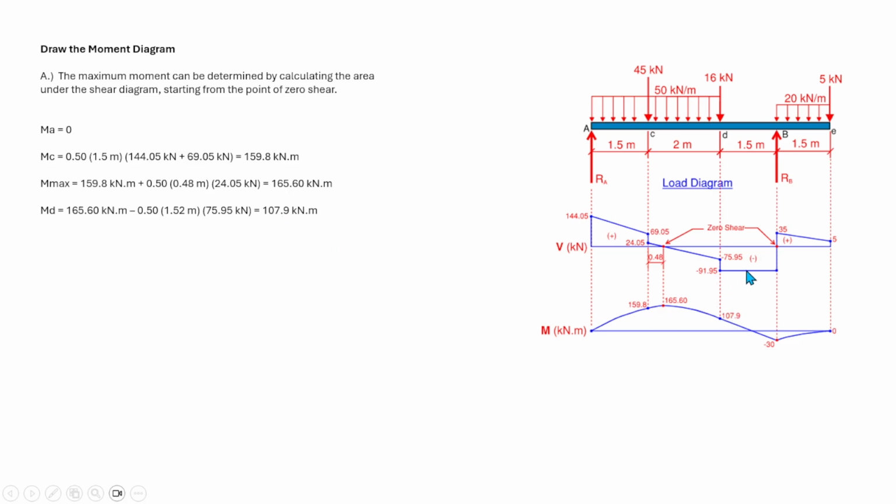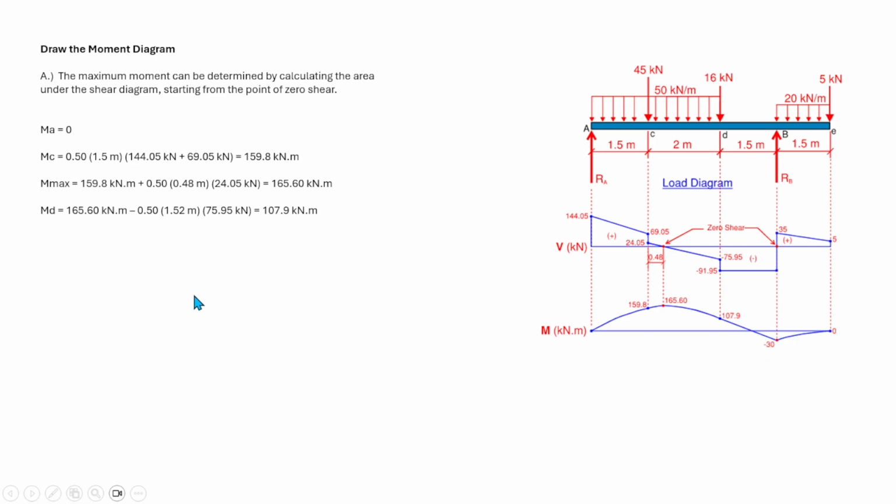So that is only the pattern, guys. When you calculate again at point B, in the same manner, you add the moment from this point, then minus the area under the shear diagram if it is negative, plus if it is positive.